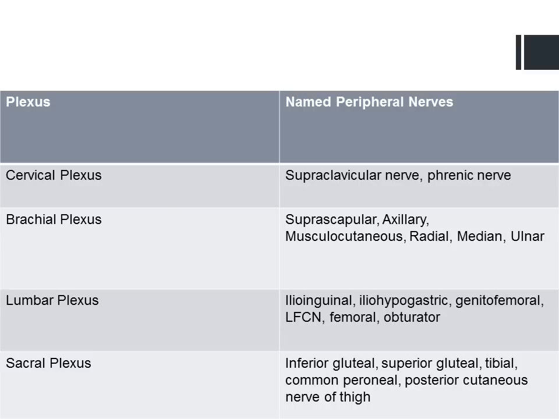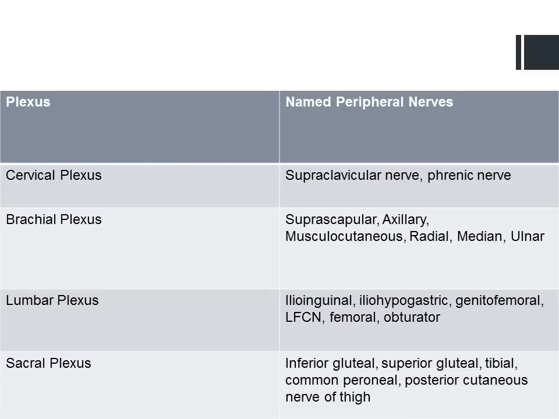Now, if you've ever seen listings of all the named peripheral nerves in the entire body, the list is extremely long, and we're not going to talk about each and every named peripheral nerve, but we'll talk about the ones that the AMA guides consider to be important, at least as relates to some of the common impairments that you'll see related to the head, related to the upper extremities, and then also related to the lower extremities.